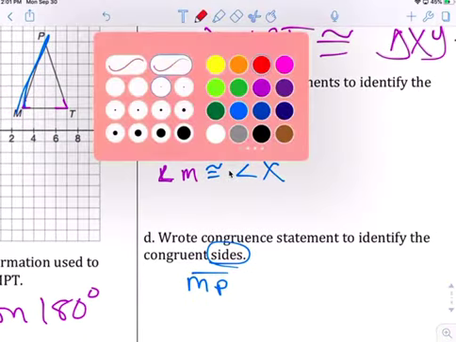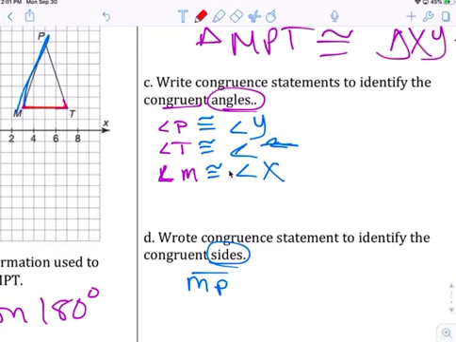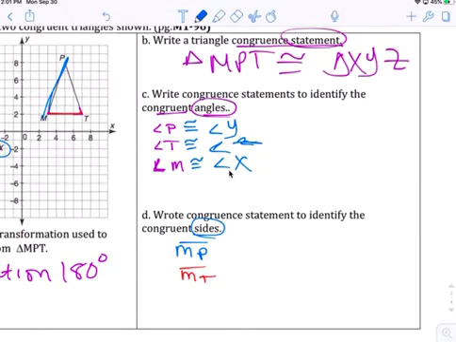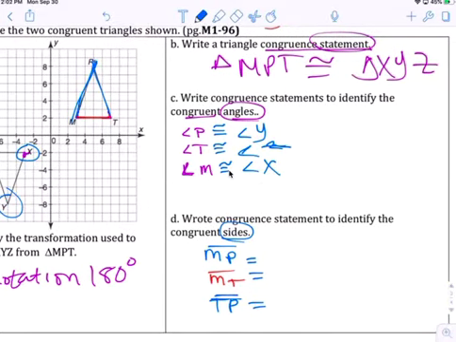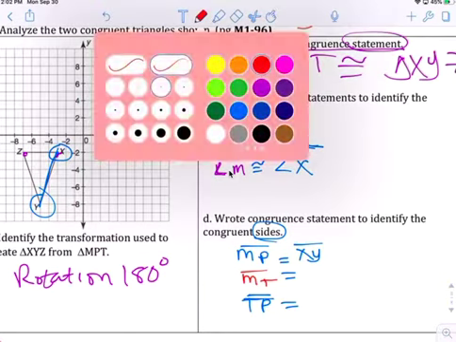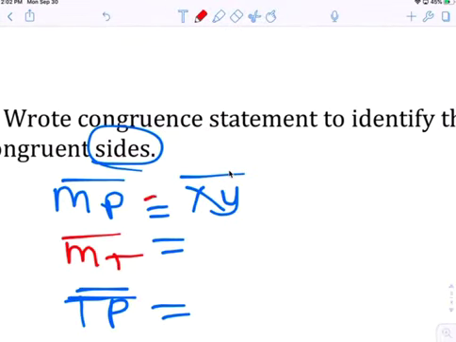The second side is M to T. Side M to T. And the last side is T to P. M to P is the same as X to Y. Oh, no. Equal to, that's great, but it needs a little squiggly line for congruency.